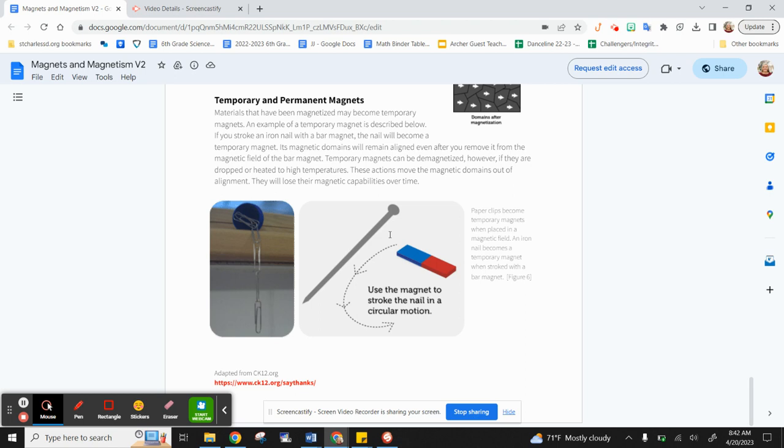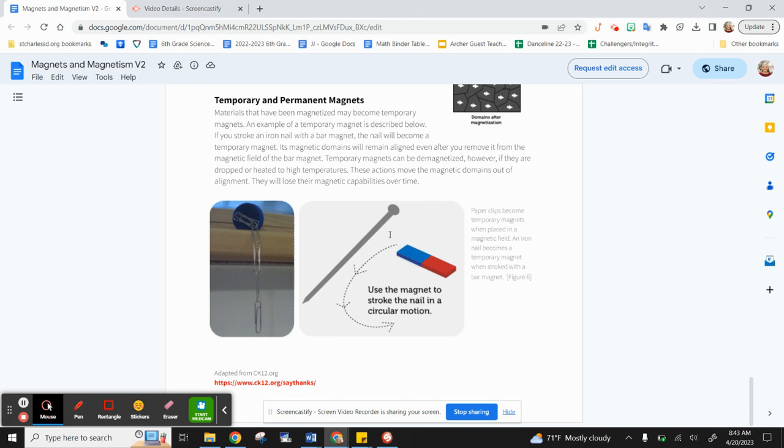Temporary and permanent magnets. Materials that have been magnetized may become temporary magnets. An example of a temporary magnet is described below. We saw this before in a video. If you stroke the iron nail with a bar magnet, the nail will become a temporary magnet.